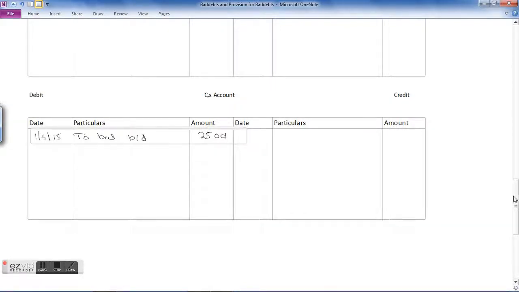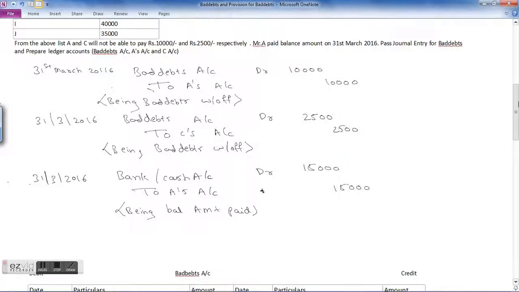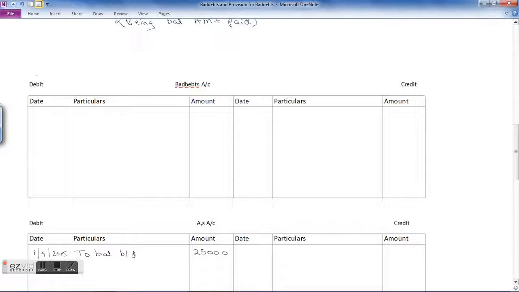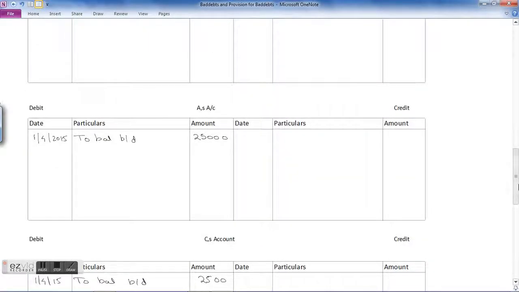Now let's post all these entries. First entry, bad debts account debit to A's account. On 31st March 2016, on the debit side of bad debts, to A's account 10,000. The second effect will be on the credit side of A's account, by bad debts account 10,000.